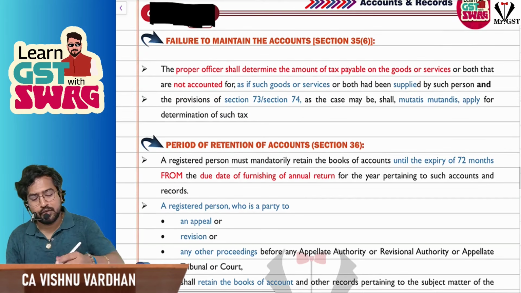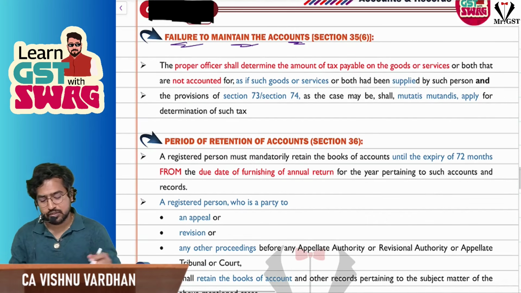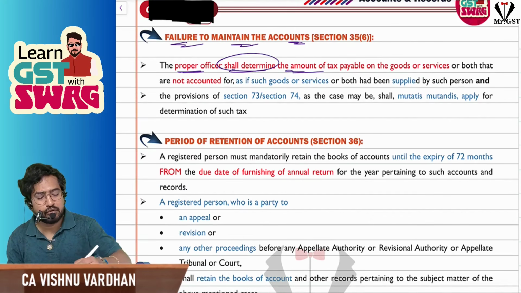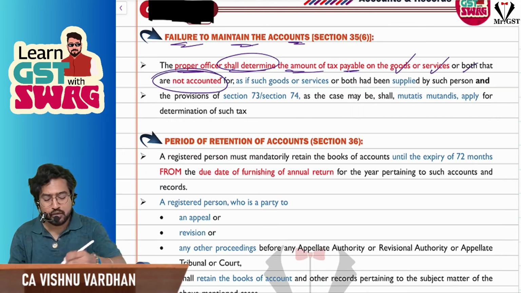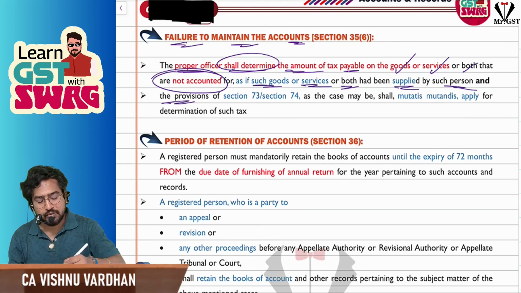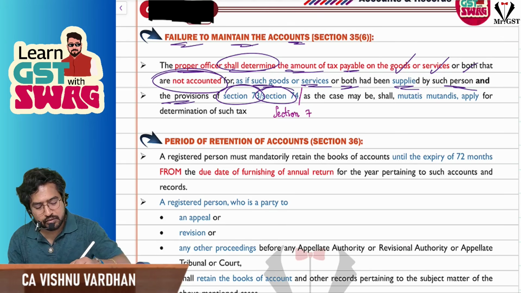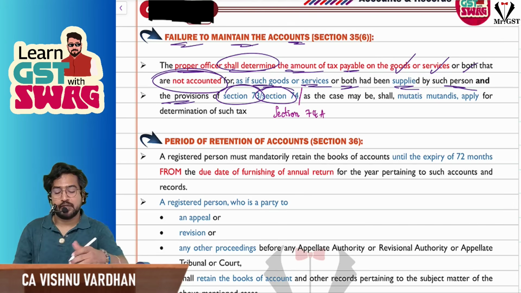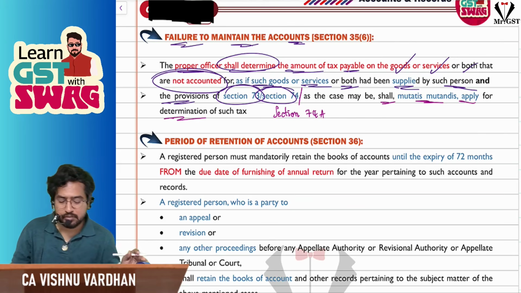Failure to maintain the accounts. Sir, what if I don't maintain the accounts, sir? The proper officer shall determine the amount of tax payable on the goods or services or both that are not accounted, as if such goods or services or both are supplied by such person, and the provisions of section 73, 74, write down 74A, 74 capital A, as the case may be, shall mutatis mutandis apply for the determination of such tax.